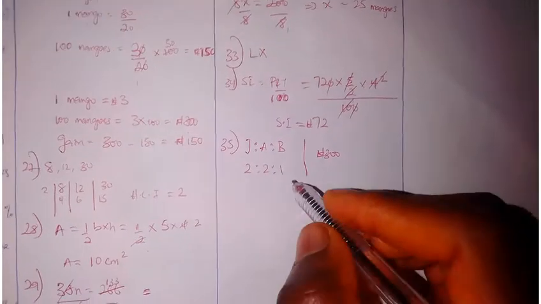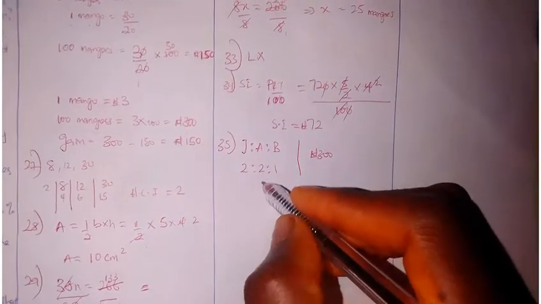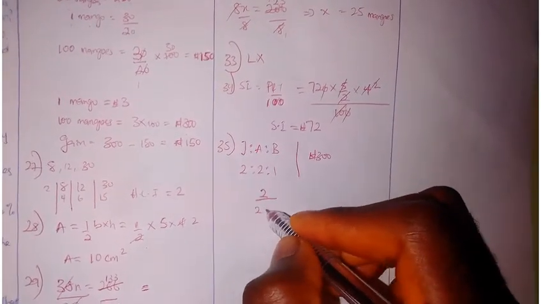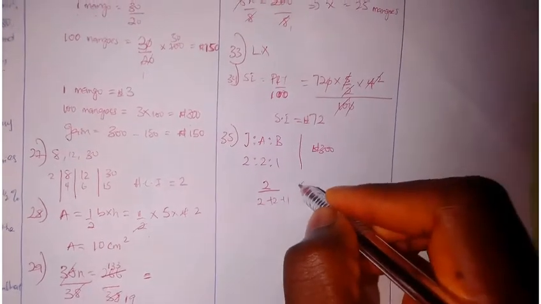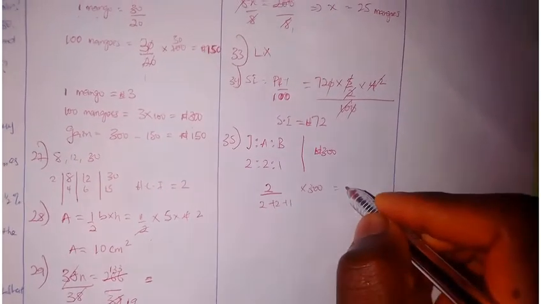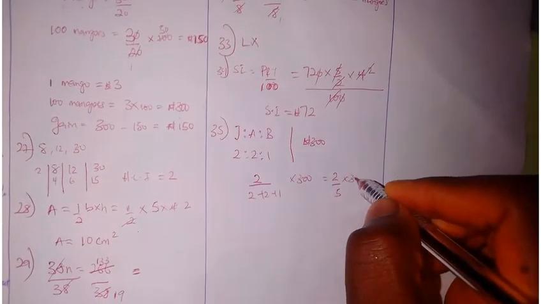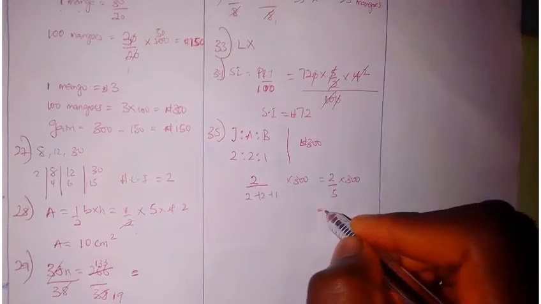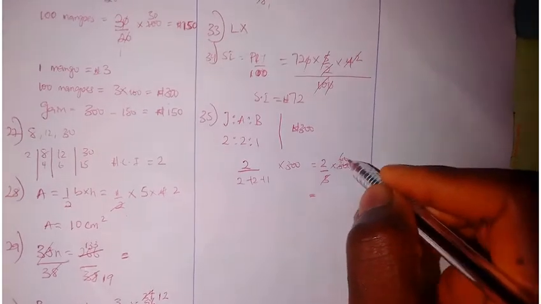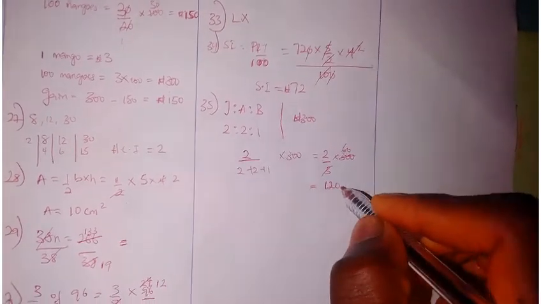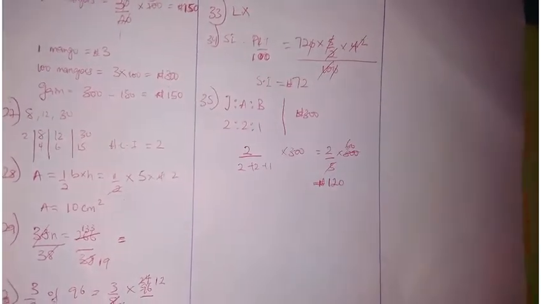Okay, so in which case what happens? Ayo's share is going to be 2 over what? 2 plus 2 plus 1 times 300. So that's 2 over 5 times 300, which gives me what? This is 60, so 120 naira. So it means Ayo's share is what?